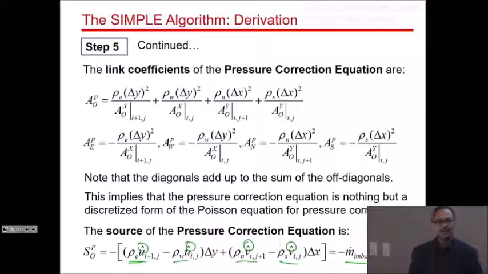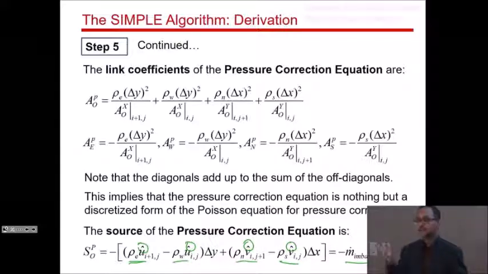So what this is saying is as follows: after I solve my momentum conservation equations, I take the velocity field and plug it into my continuity equation, and I'm going to get a mass imbalance. In other words, if I calculate in each control volume using that velocity field, every control volume will have a mass imbalance. That's the mass imbalance that I'm showing here in this equation.